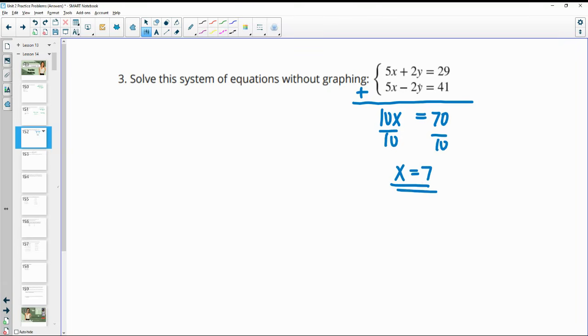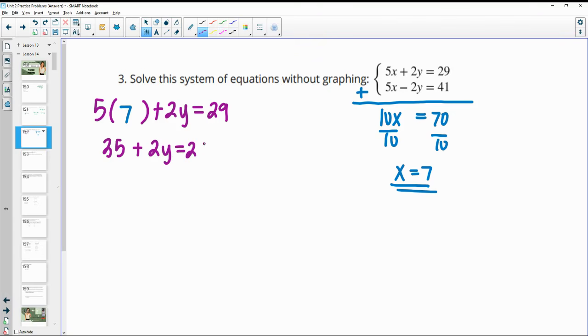Now you can pick either of these two equations to plug the 7 into. So I'm just going to plug it into the top equation. So we're going to get 5 times x plus 2y equals 29. And we know now that x is 7. So then 5 times 7 is 35 plus 2y equals 29.